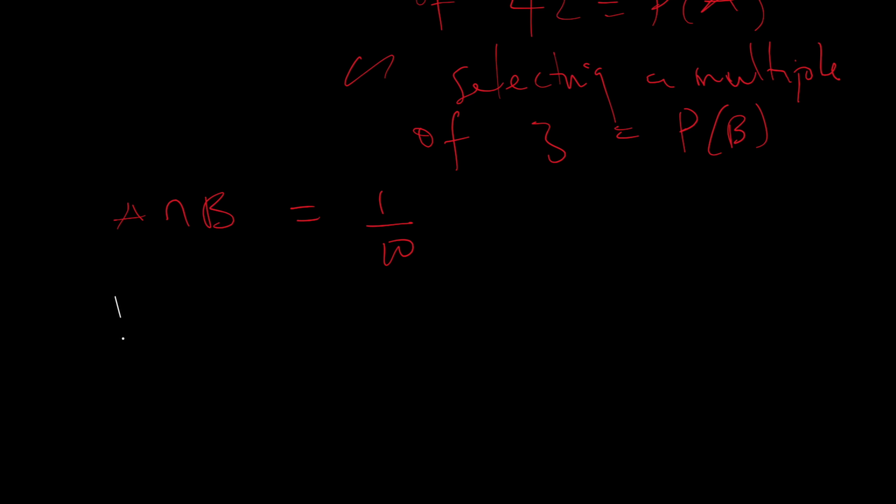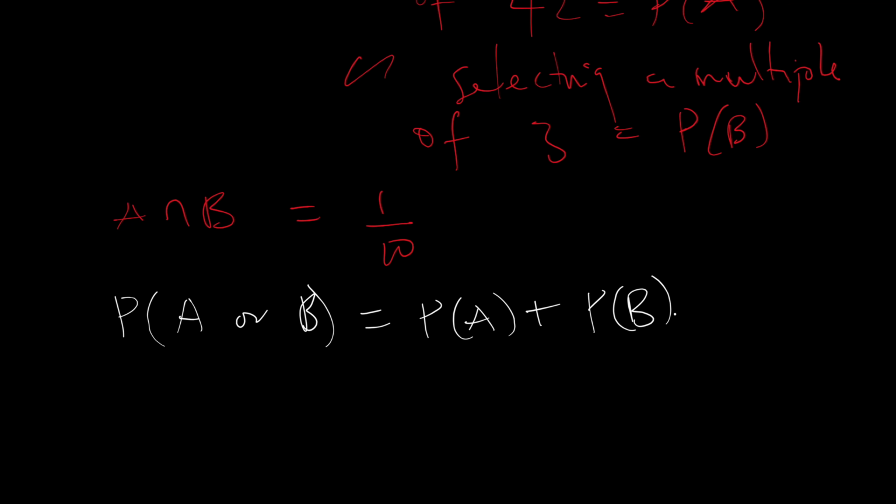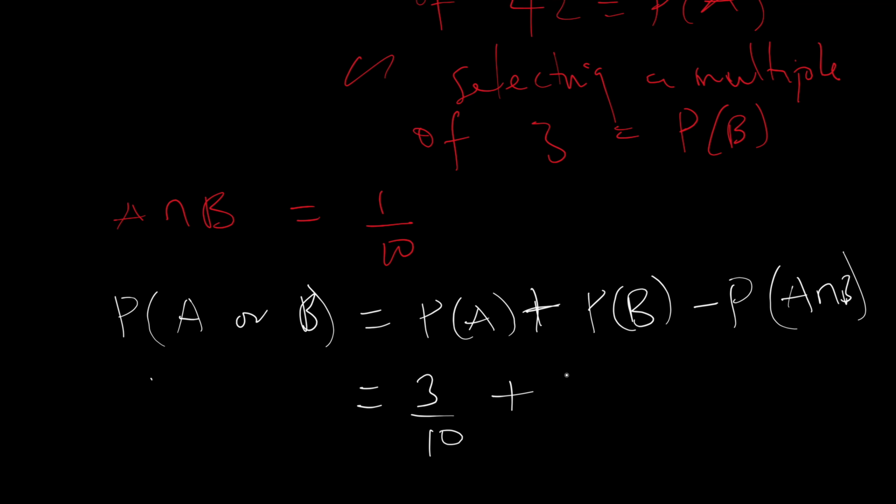So the probability of picking a prime factor of 42, which is A, or a multiple of 3, which is B, is equal to the probability of A plus the probability of B minus P of A intersection B. And we know that the probability of A is 3 over 10, plus the probability of B, which is also 3 over 10, minus the probability of A intersection B, which is 1 over 10.